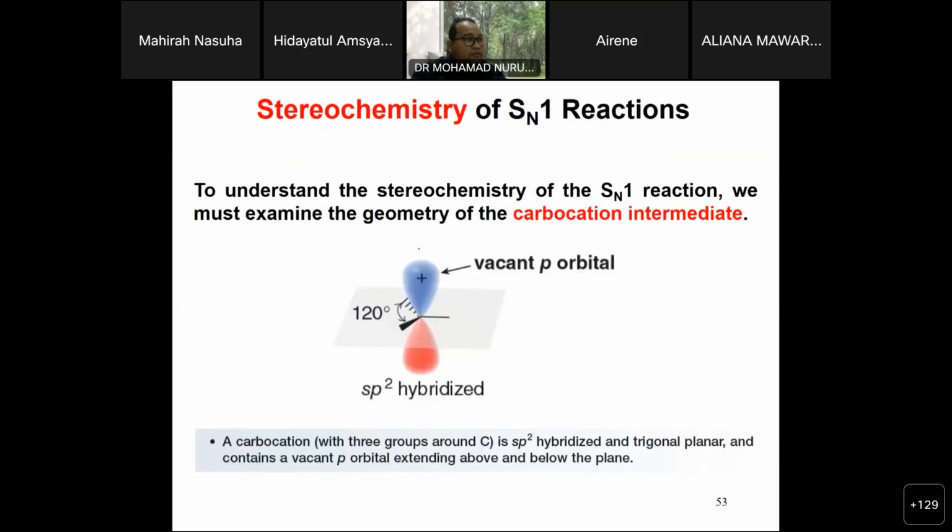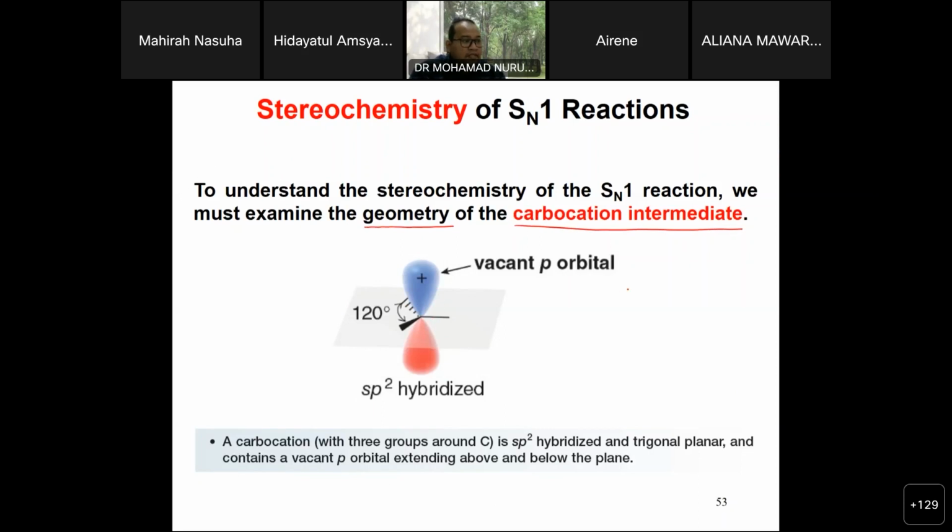For the stereochemistry of SN1 reactions, to understand it you have to examine the geometry of the carbocation intermediate. If you have a highlighter, you can highlight here. As I said, you have sp2 hybridized orbitals, so the geometry is trigonal planar.